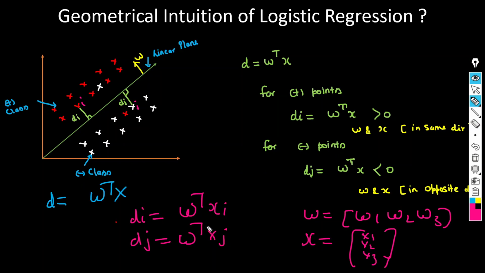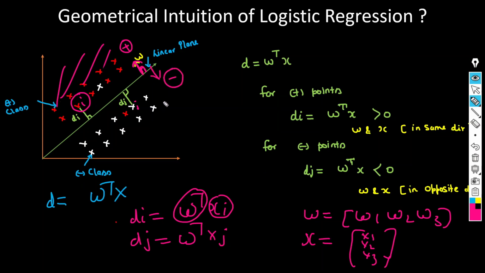Both x and w are vectors, so they will also have a direction. Here we are assuming that w is perpendicular to this plane and has a direction toward the positive points. It means w will have a direction in this region, and in this region the direction relative to w is negative.